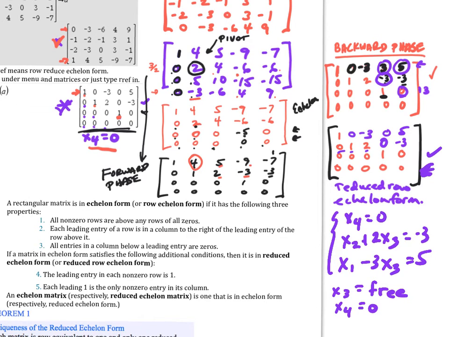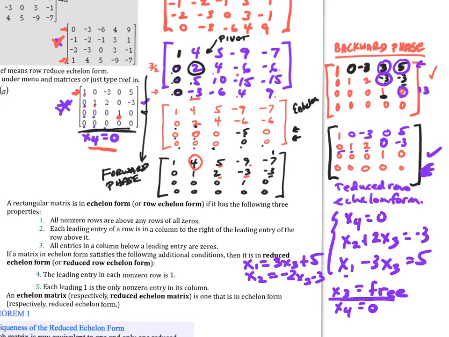Now what is x2? I'm going to run out of room here, so I'll put it over here. x2 is going to be equal to -2x3 minus 3. And then what's x1? From here, x1 is going to be equal to 3x3 plus 5.